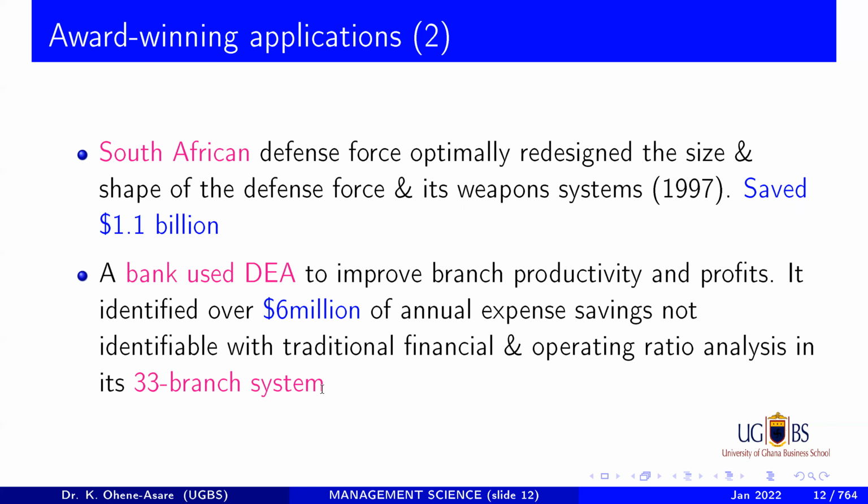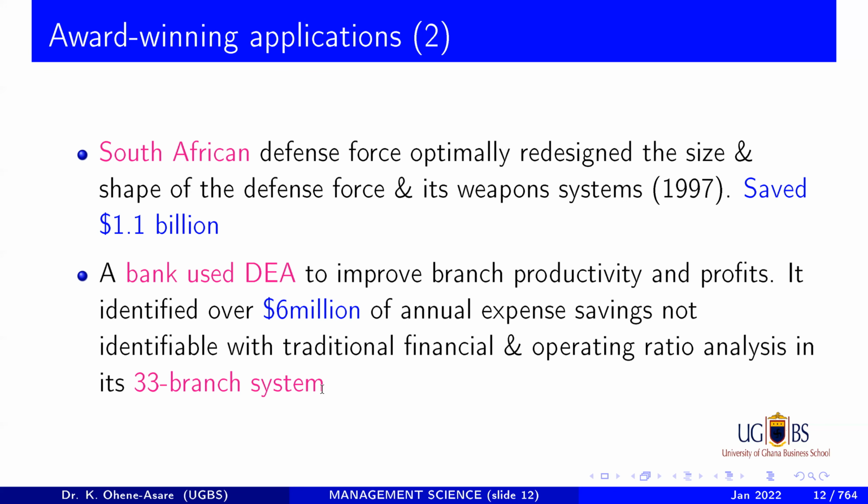I know a particular bank myself, in California. The bank had 33 branches, and they used data envelopment analysis, which is one of the techniques you'll be learning next semester. They used DEA to evaluate the relative efficiency and productivity of the branches of the bank.